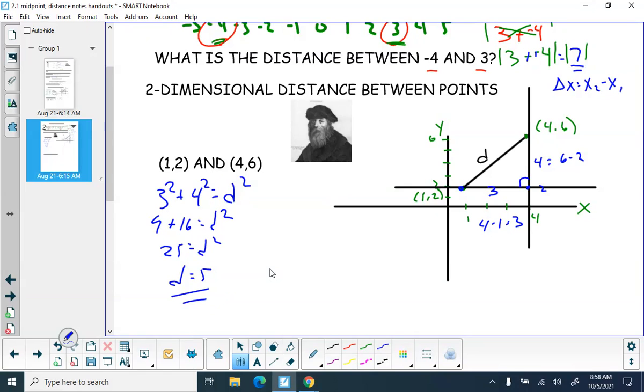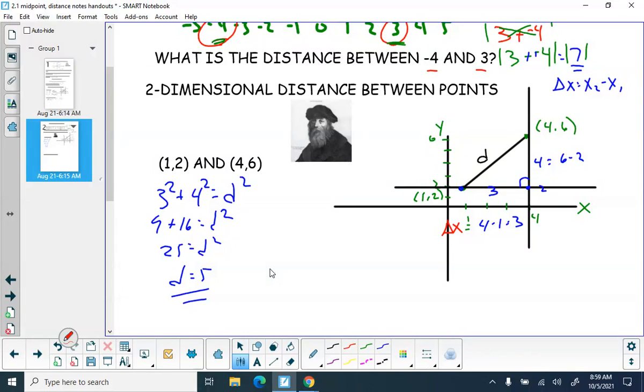Well, if we take a look at what we're looking at here, the length of this bottom leg, I subtracted my two x values, which I'm going to call delta x. When we're talking about a delta in the mathematical and scientific world, I'm subtracting two values, whether it's a change in pressure, volume, or temperature.